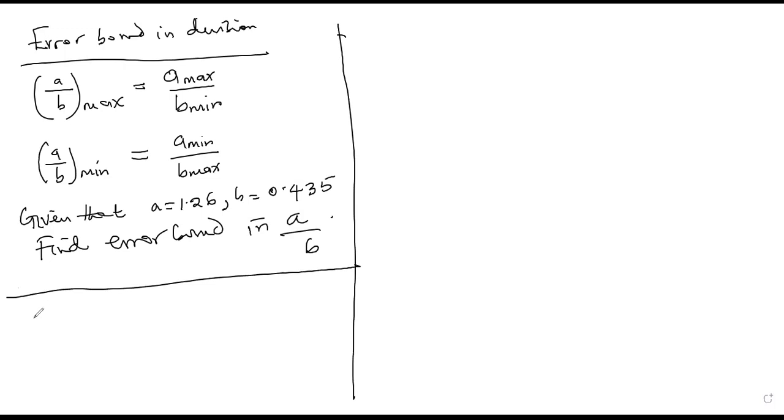To get the maximum value of A over B, we shall have A maximum, which is 1.26 plus an error 0.005, divided by the minimum value of B, so it will be 0.435 minus 0.0005.